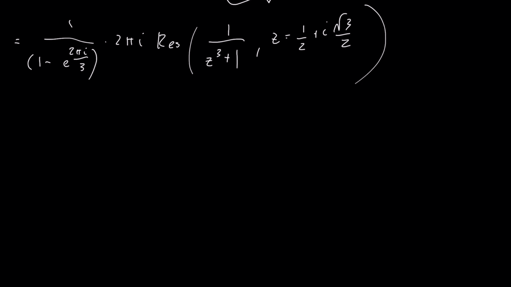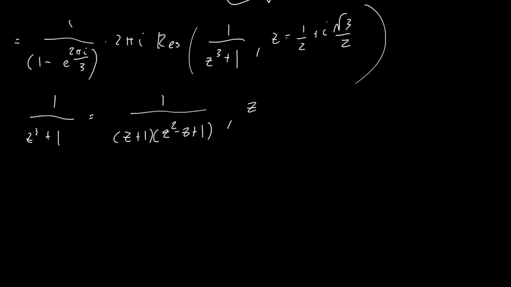So from here, we're going to backtrack a little. And we said that 1 over z cubed plus 1 is the same thing as 1 over z plus 1 times z squared minus z plus 1. But we said that the poles for the trinomial were z1 is 1/2 plus i times the square root of 3 over 2, and z2 equals 1/2 minus i times the square root of 3 over 2.